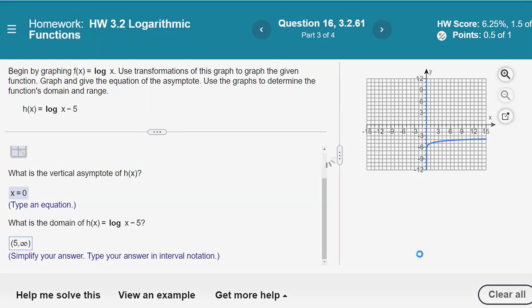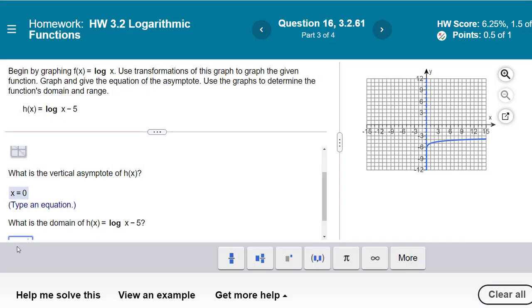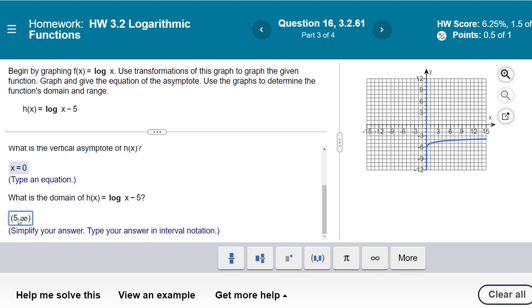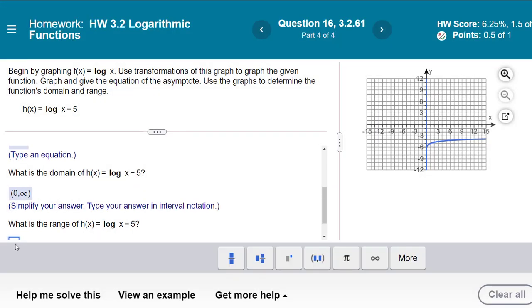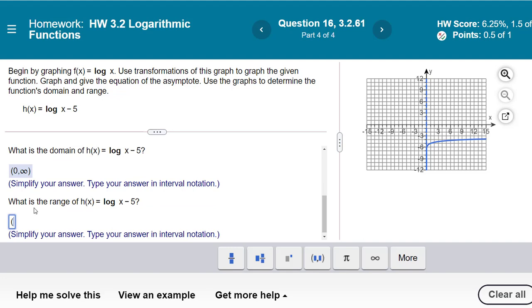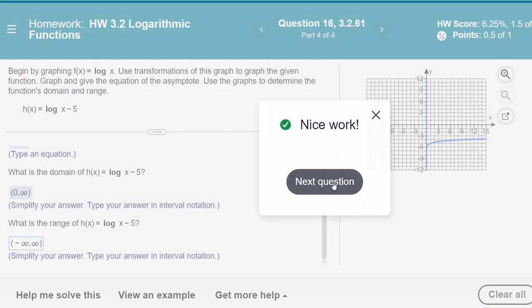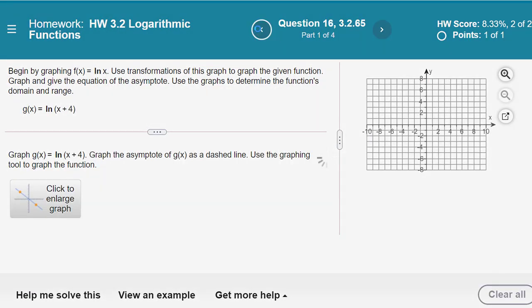Just 1 second. I want a fresh problem. Oops, the domain. Oh, it's from 0, sorry. And the range is going to be negative infinity to positive infinity. Okay, so let me go back.